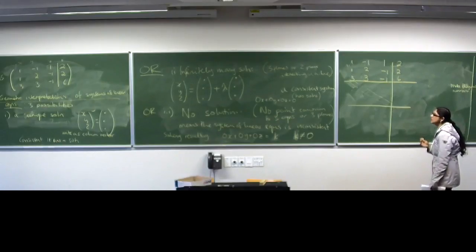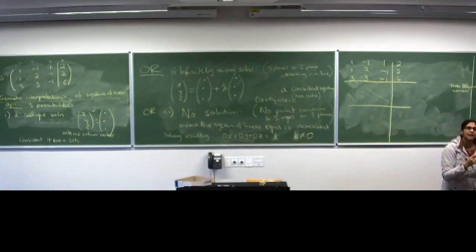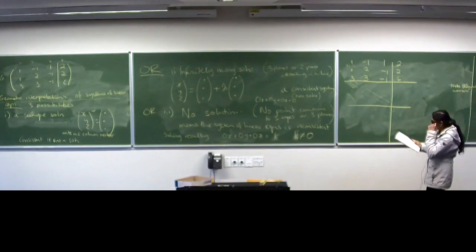Operations means I'm going to manipulate each row, either by multiplying it or adding it to another row. That's the only thing: adding or subtracting, multiplying or dividing by a constant. You can't multiply or divide rows by each other. You can multiply and divide each row by constants. I'll give you a list of rules, maybe tomorrow.